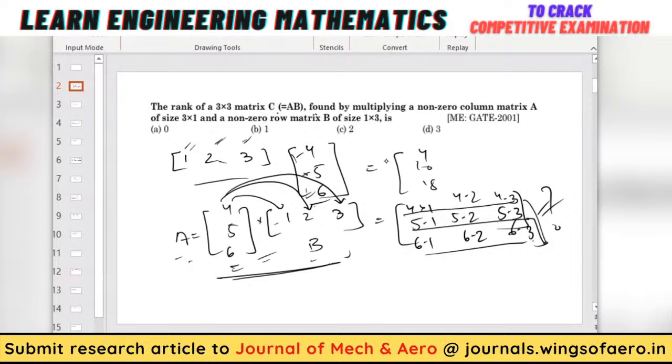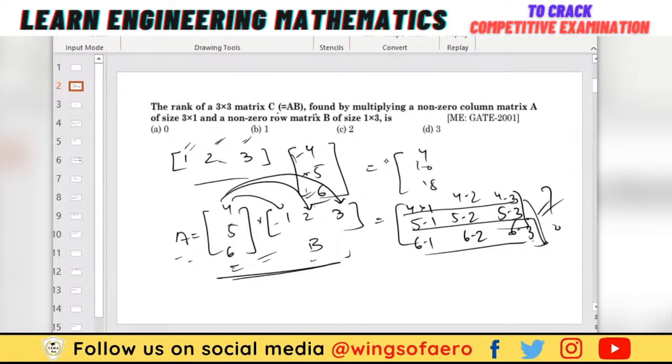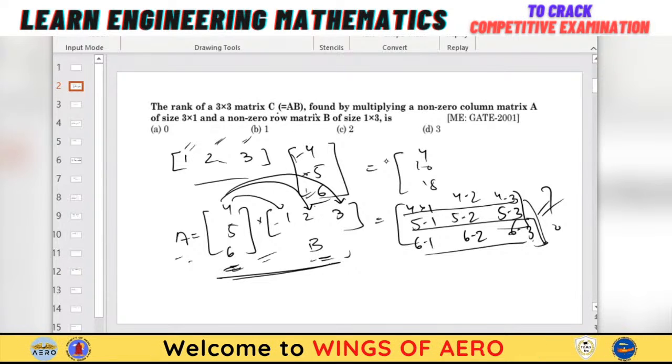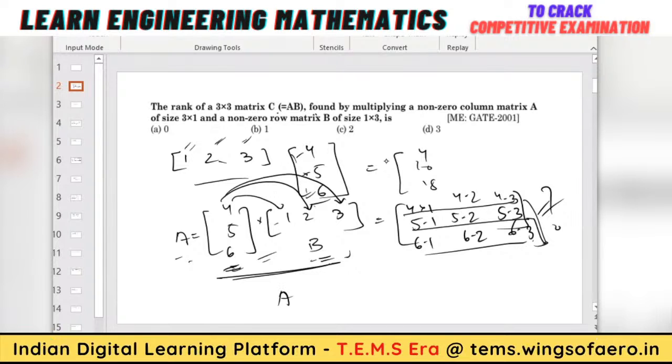Now, the case is if this matrix is given to you, a column matrix first and then a row matrix. Can anybody tell me what is the determinant of AB?